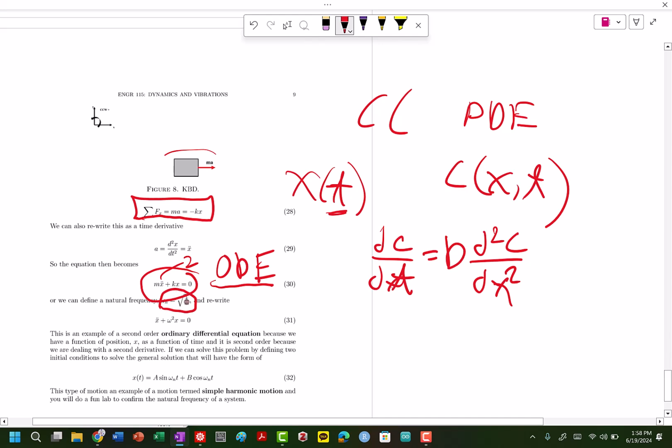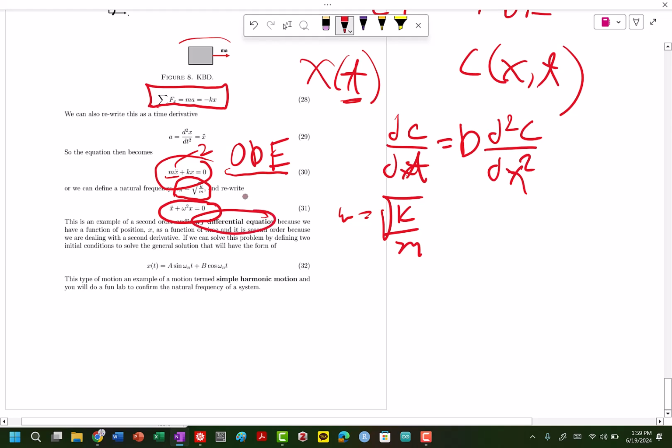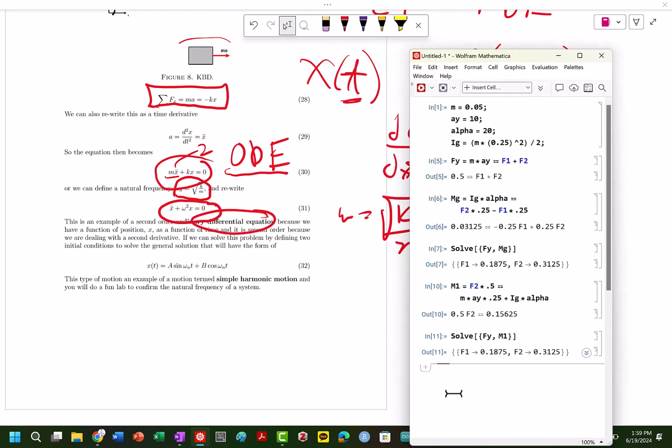We can say that, for example, omega is equal to the square root of k over m, and we can just replace that here. So dividing out by m and rearranging, we define a natural frequency. When we do that, we can solve this ODE, and I can show you how we can do that in Mathematica quite easily. So we can do it both ways.